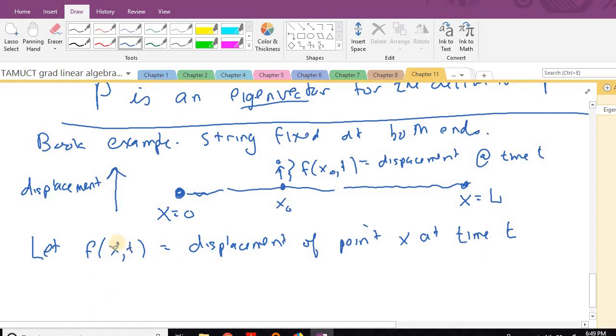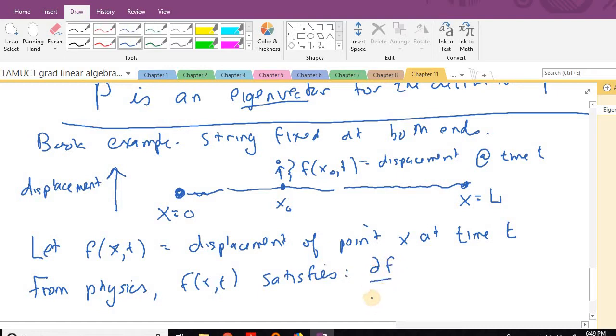So now we do the physics, and I won't tell you why, but this will just have to be taken. From physics, f of x and t satisfies the following equation: the second derivative of f with respect to x is equal to, now I have to think if it's plus or minus, and this is important. It's plus.